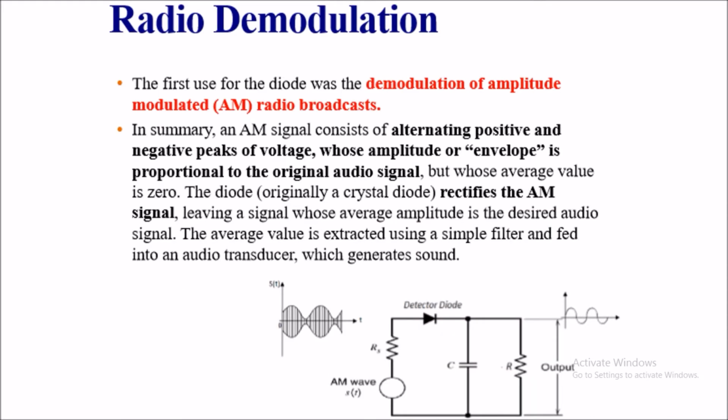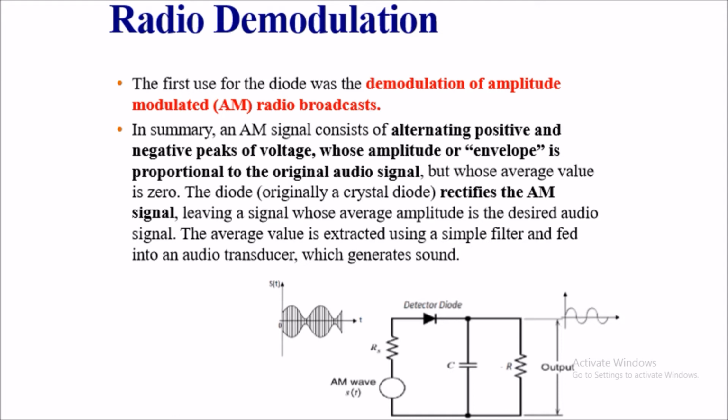The second application is radio demodulation in radio and TV circuits or systems. The first use of the diode was the demodulation of amplitude modulation AM radio broadcasts.